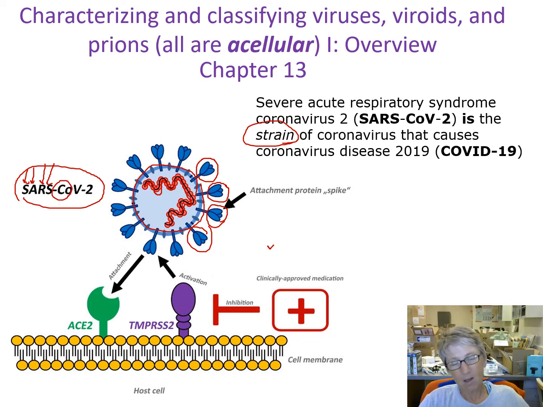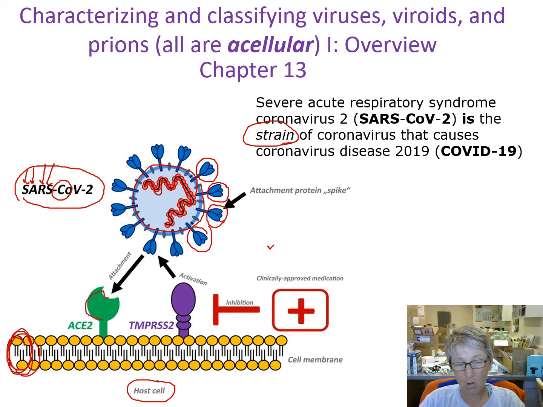And then you have down here at the bottom the host cell. That would be one of your respiratory epithelial cells. So here's the plasma membrane, so the phospholipid bilayer of one of your respiratory epithelial cells. And in that plasma membrane, you have these receptors.